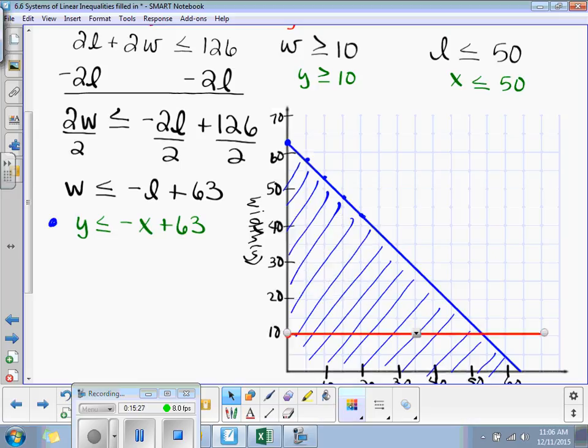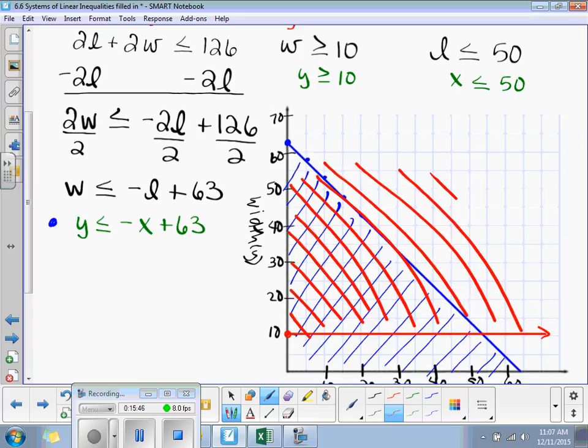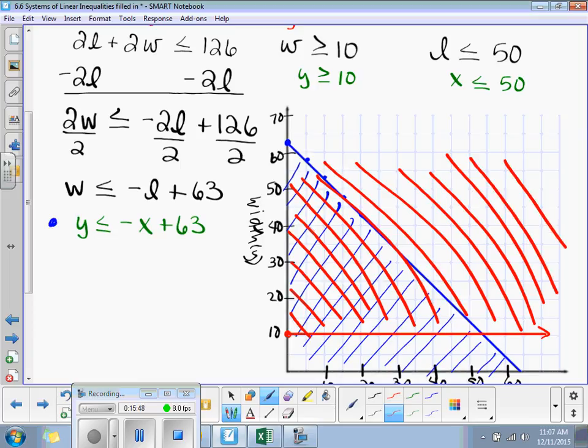And this actually will go on forever in that direction, correct? Now, y is greater than or equal to 10. What am I shading, above or below? Above. So there's the second graph.